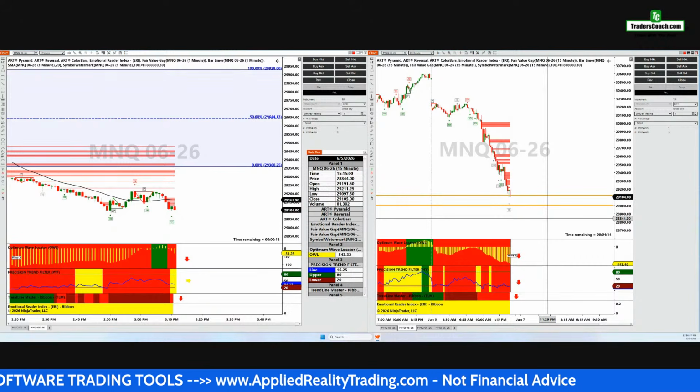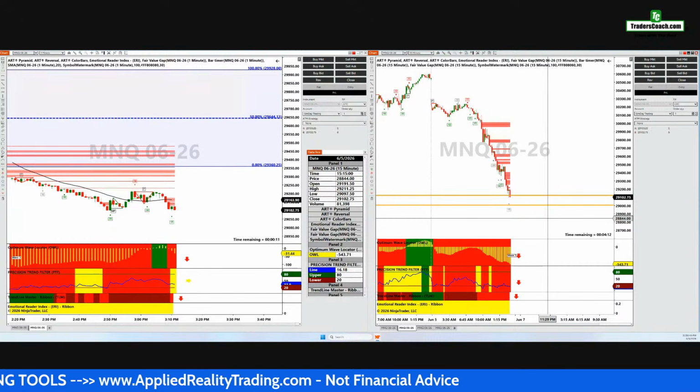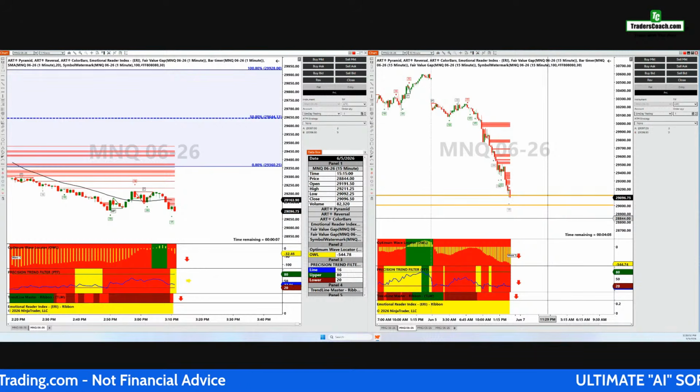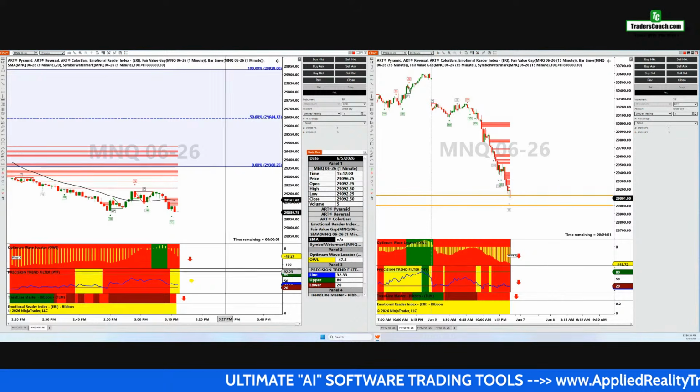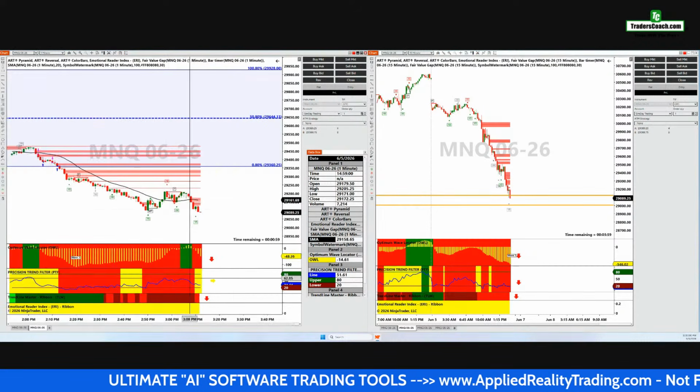I feel sorry for the traders that were trying to dollar cost average this one. I'll bet a lot of accounts were blown today. This is exactly the kind of trend that would do it.